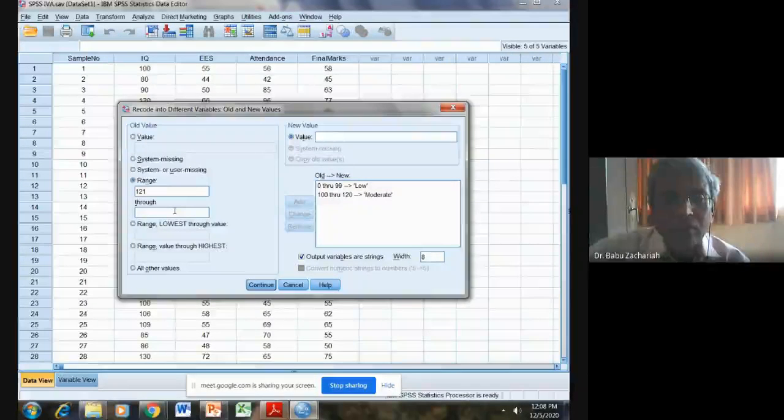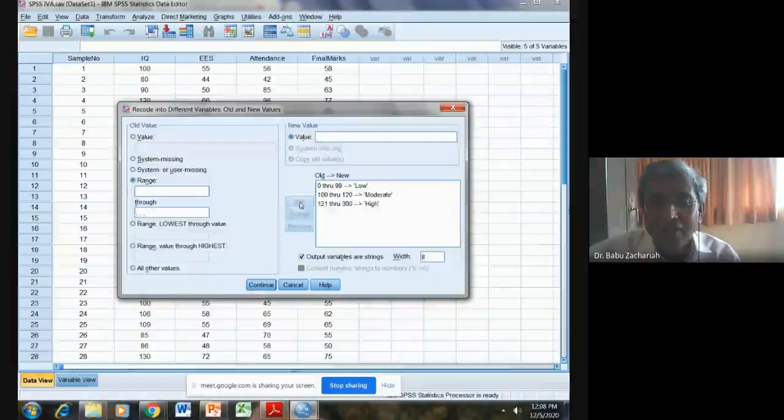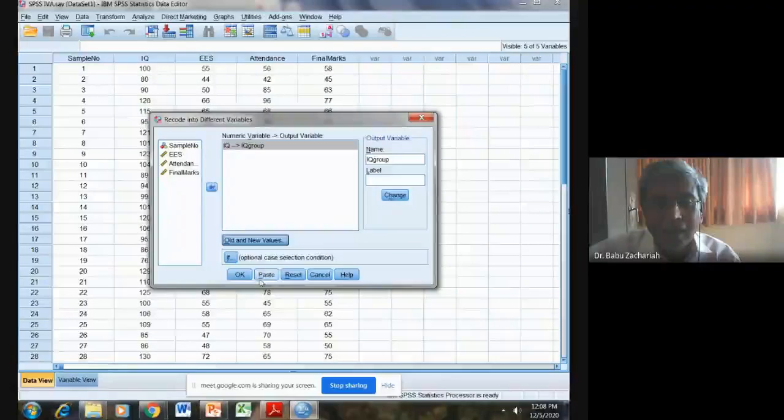I don't know which is the highest value, so I'll put a very high value which is beyond what you have in this data set itself. So that is high. Continue and click OK.